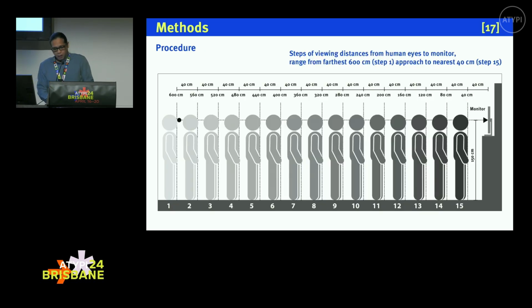Procedure. This figure shows the steps of viewing distance from the human eye to the monitor, ranked from the farthest, 600 centimeters, step 1, approaching the nearest, 40 centimeters, step 15.